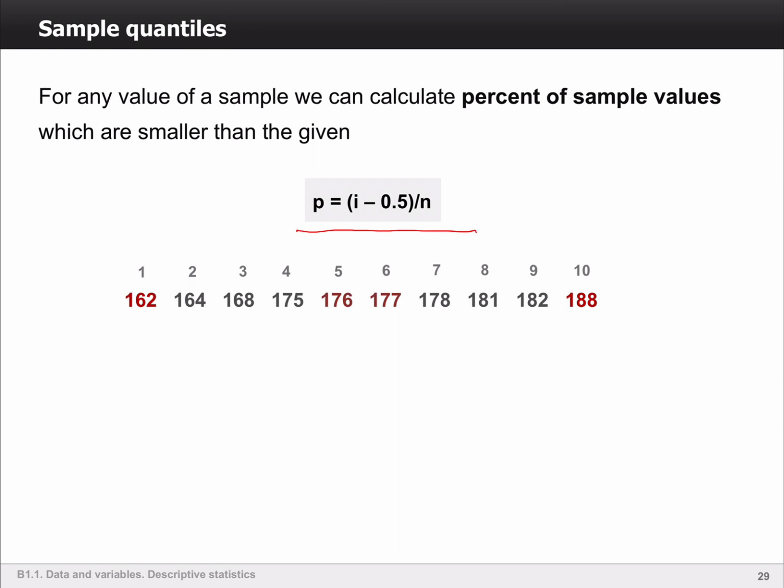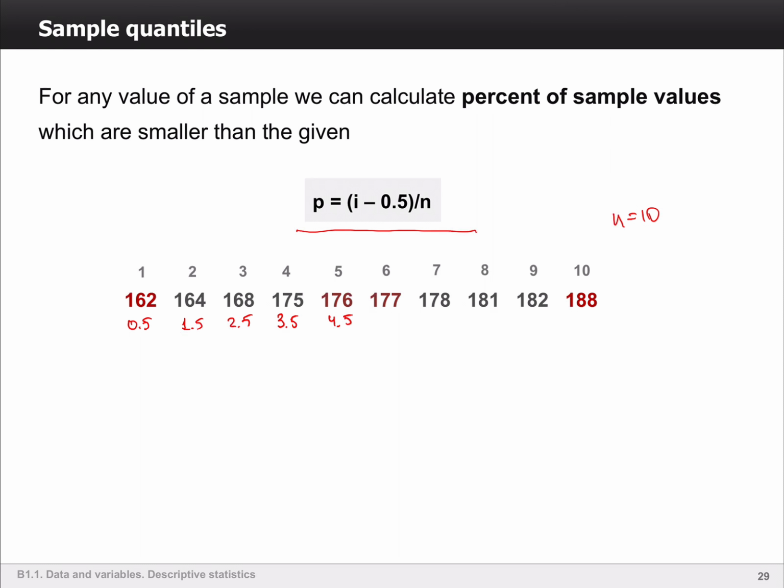So if we use this formula for our sample, we have n equal to 10. This is 162. The position is 1. If you subtract 0.5, we get 0.5 here. Then 2 minus 0.5, we have 1.5. We have 2.5. We have 3.5. And so on.